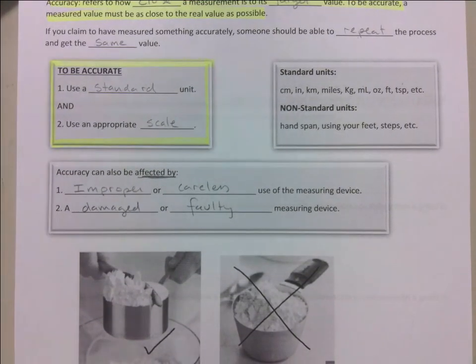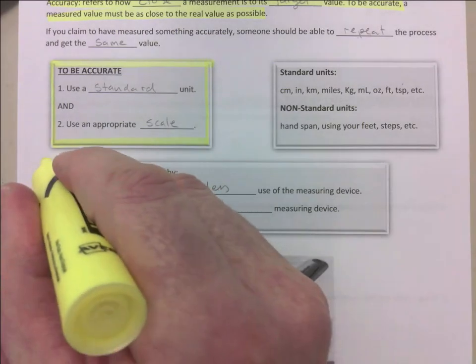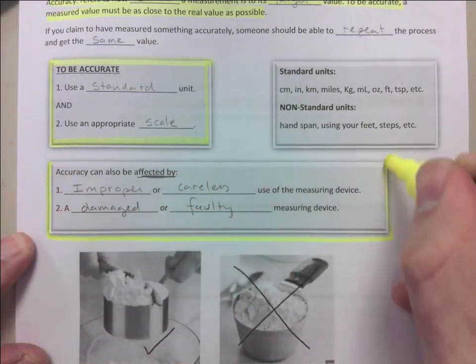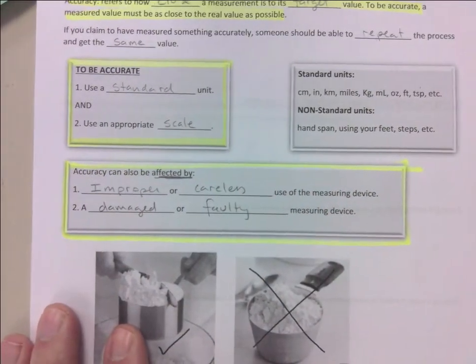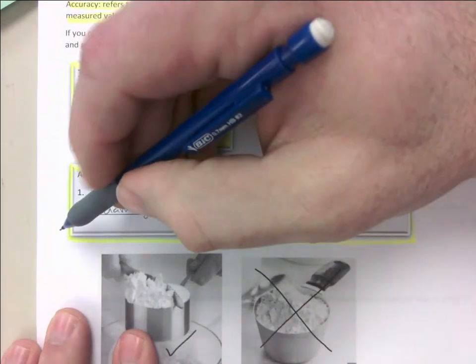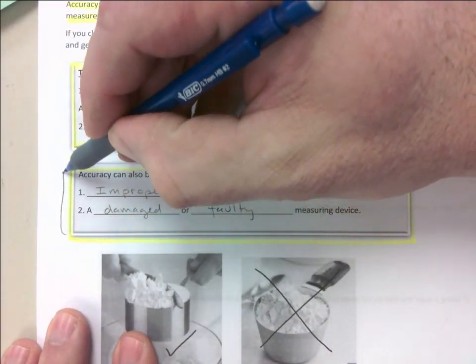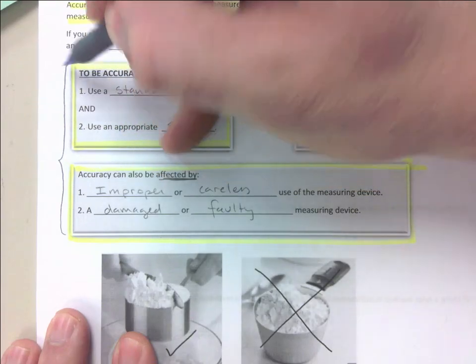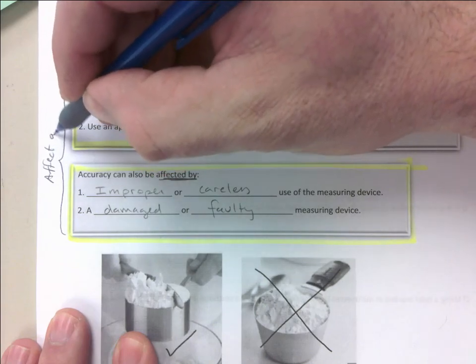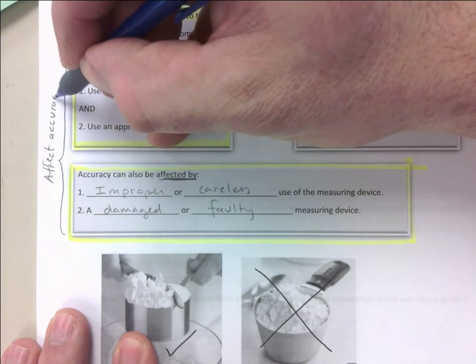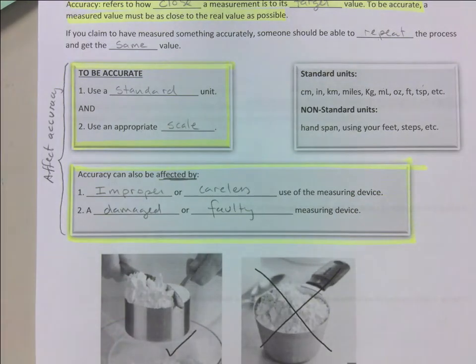So if you want to add to your study sheet, I'm going to highlight this as well. And I will on the side, on the margins, just say these ones affect accuracy. If you mess with any of these four, you're not going to get an accurate measurement.